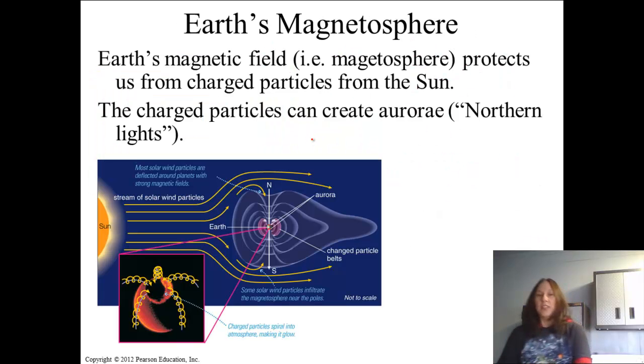So here, at the center of this ghost-like looking thing is the Earth, okay? And this ghost-like looking thing is our magnetosphere, Earth's magnetic field. Over here on the left is the sun, sending charged particles. Nothing personal, Earth, it's sending charged particles in all directions.